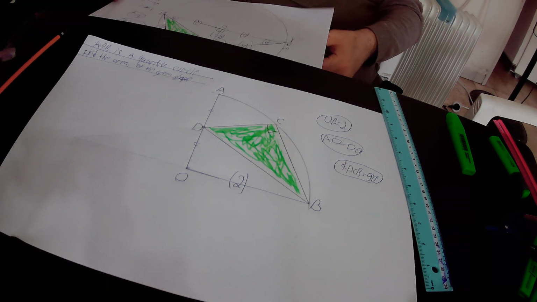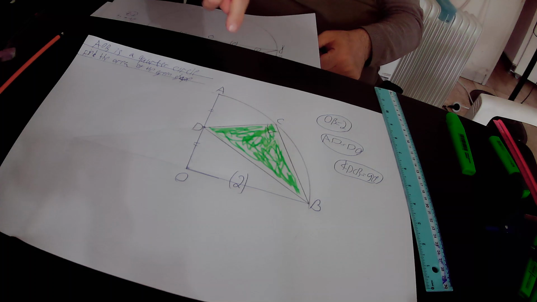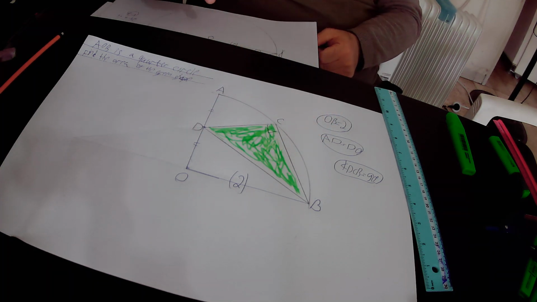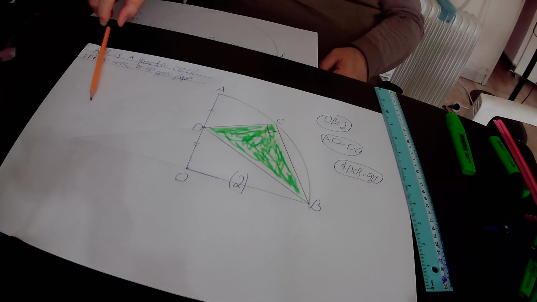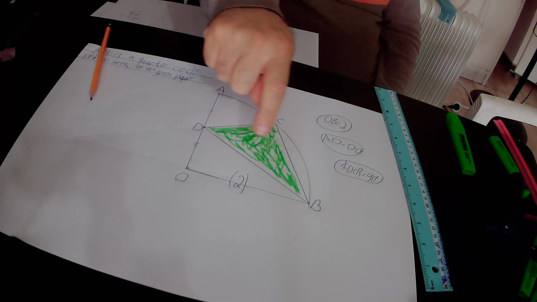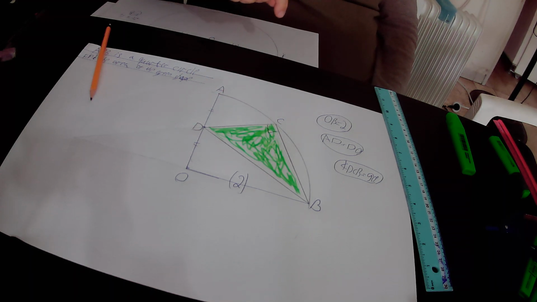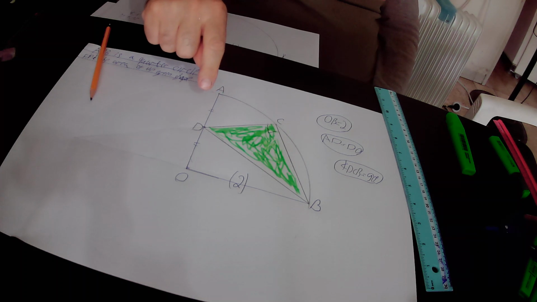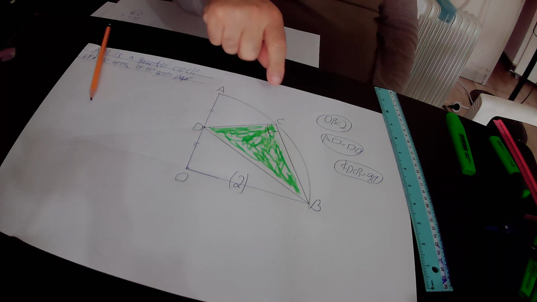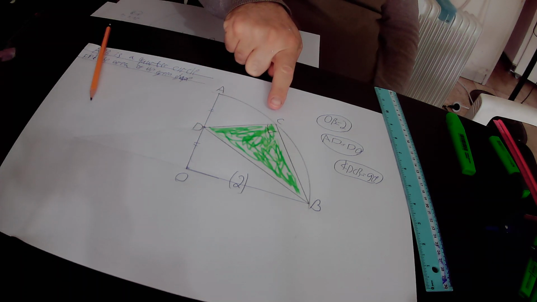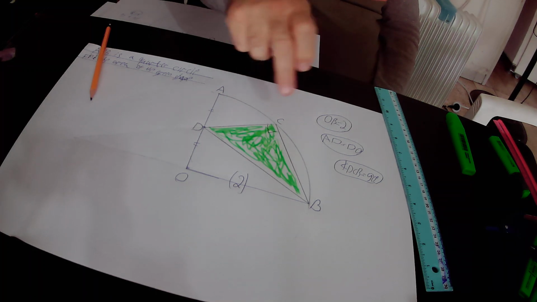So, in the drawing, we have a quarter circle. AOB is a quarter circle. In addition, we know that side OB equals 2 units in its length, and line segment AD equals line segment DO, and this is angle DCB. That is the right angle. I repeat again that our mission is to find out the area of this green shape.